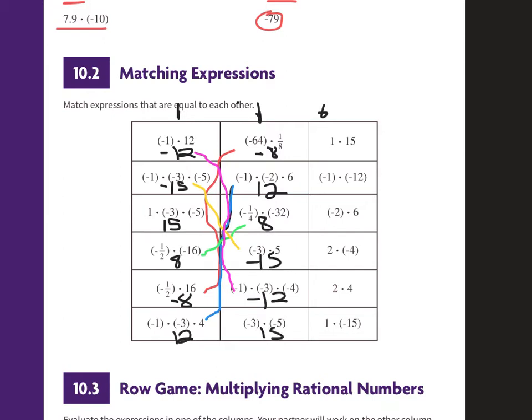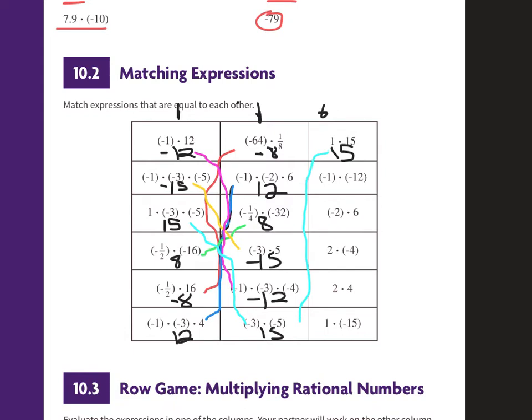So that one matches up right there. All right? Okay, now the last one. 1 times 15 is 15. So that matches up with the yellow. No, where's 15 at? Down at the bottom. The light blue.